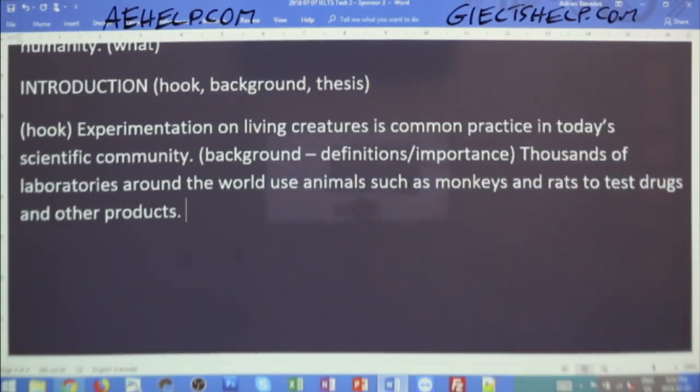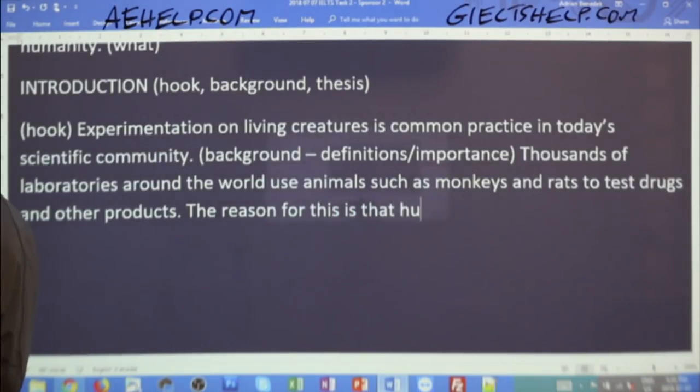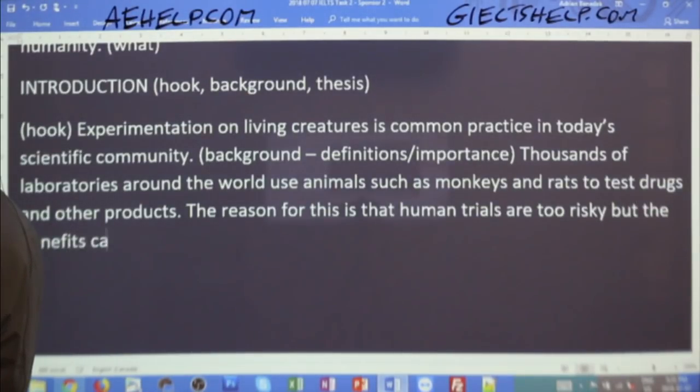Arcana, good. The reason for this is that human trials are too risky. But the benefits can be great.